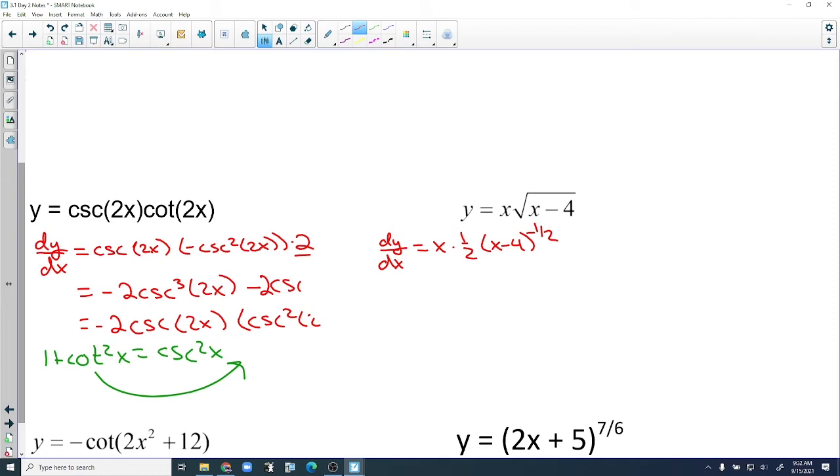So first times derivative of second plus the second times the derivative of the first. That's going to be x over 2 square root of x minus 4 plus the square root of x minus 4.